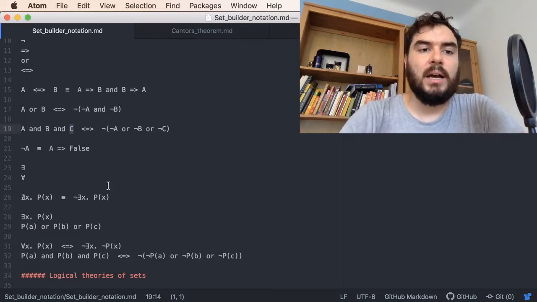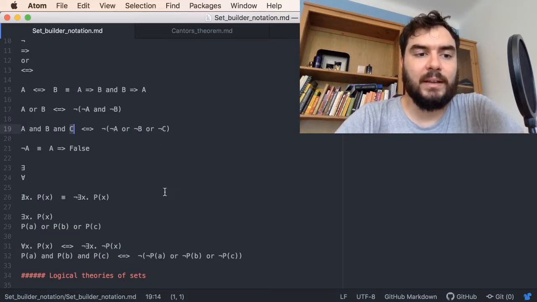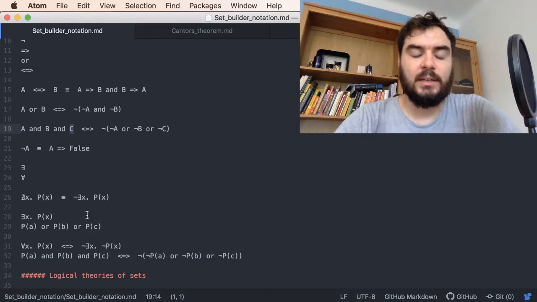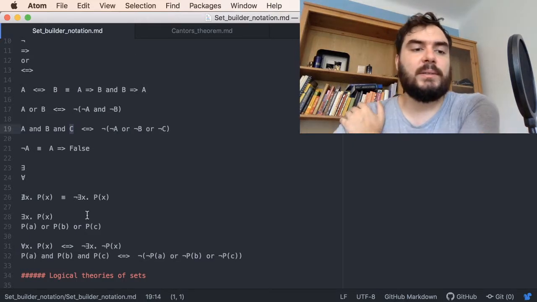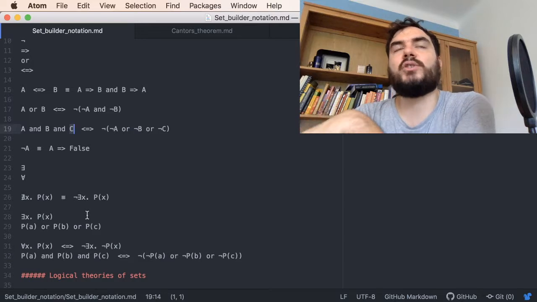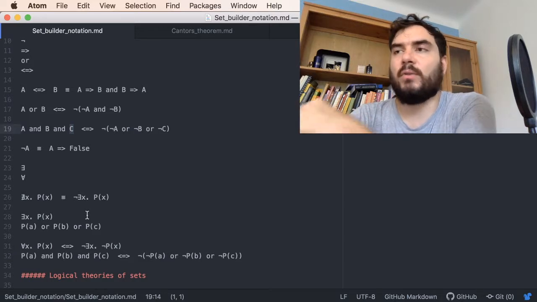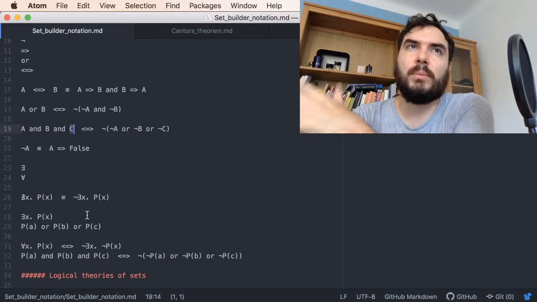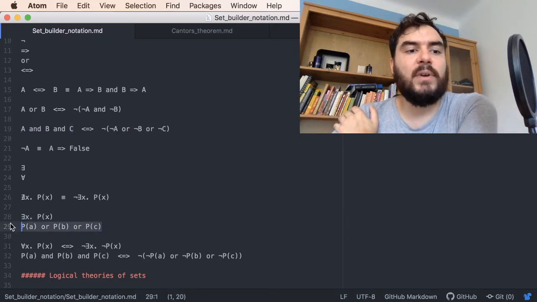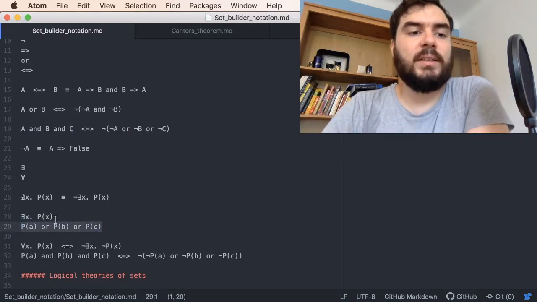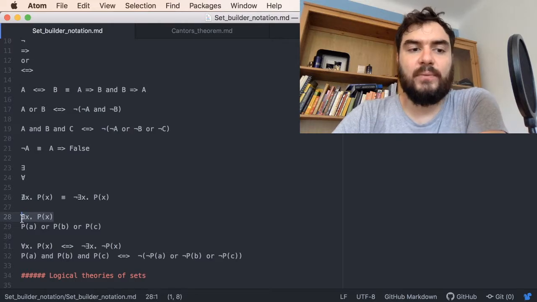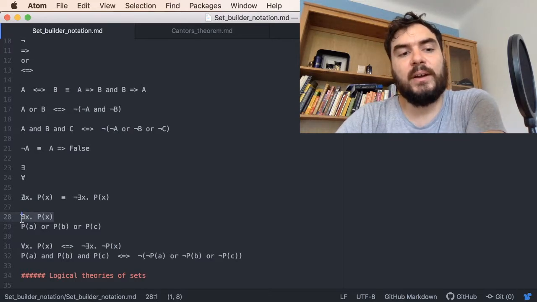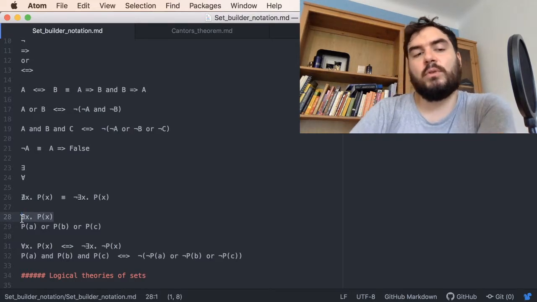And I'm making a point here again to emphasize that the quantifiers, even though they might range over an infinite domain of discourse, like over all sets, over all group elements, if you have a finite domain, then you can think of these quantifiers also expressed with conjunction and disjunction.